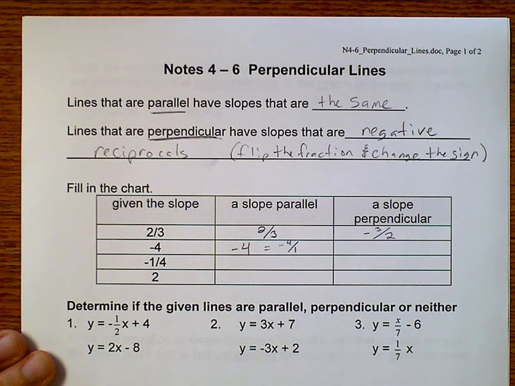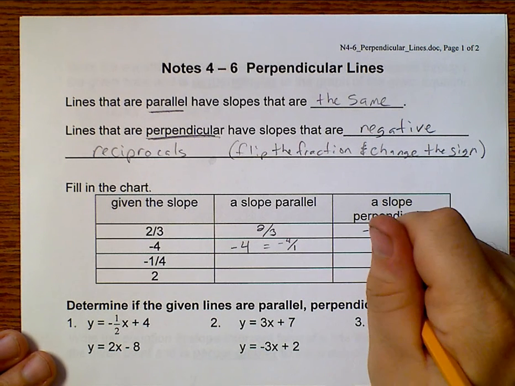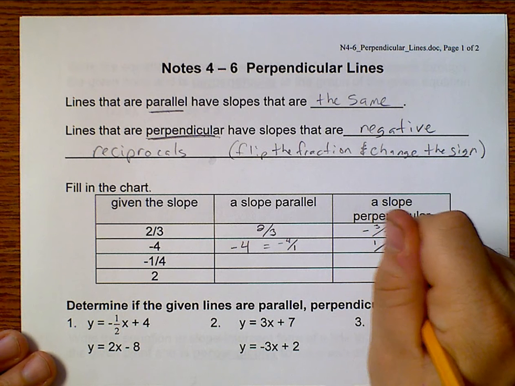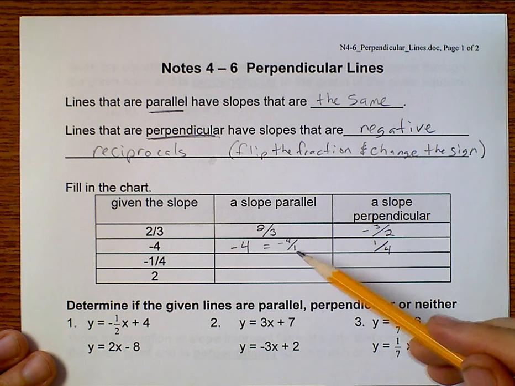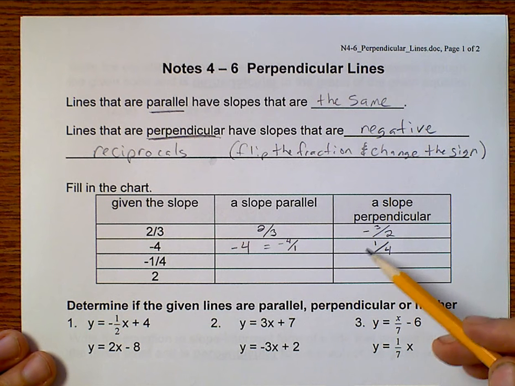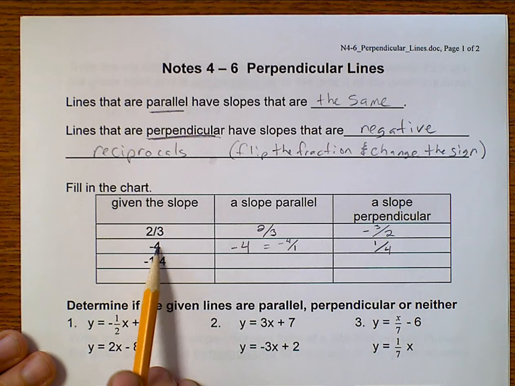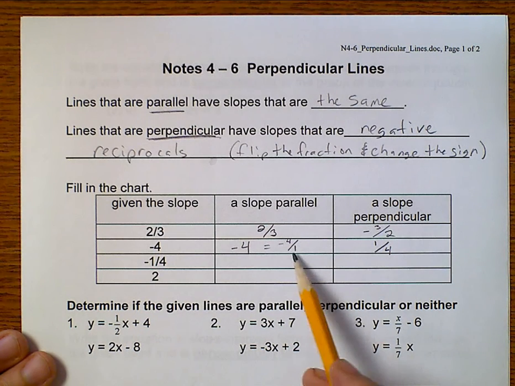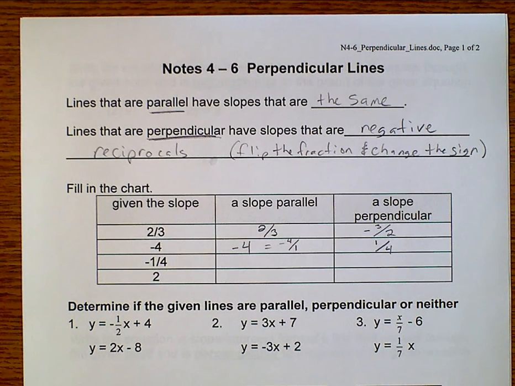So one that's perpendicular would be a positive 1/4. Notice we flipped this, and it was negative, so now it's positive. So if you're given a whole number, you're going to want to write the slope over 1 so that finding the perpendicular will be a little bit easier.